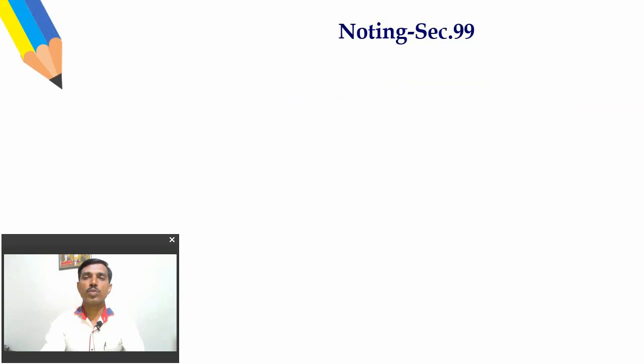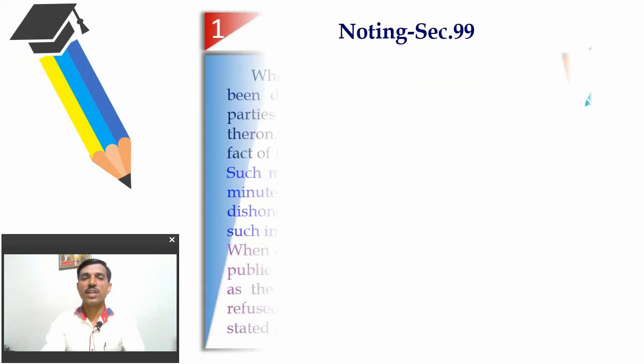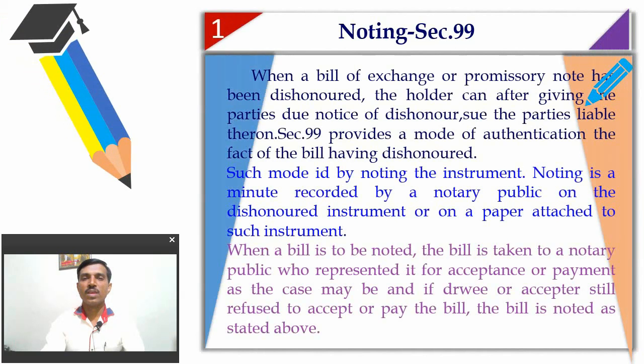So what is noting under section 99? When a bill of exchange or promissory note has been dishonored, the holder can, after giving the parties due notice of dishonor, sue the parties liable thereon, or claim from the parties liable, under section 99.